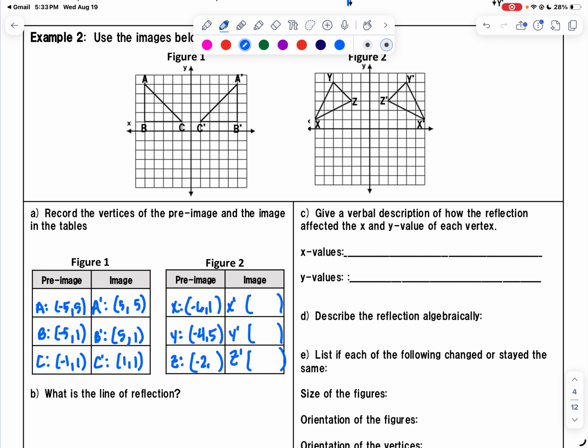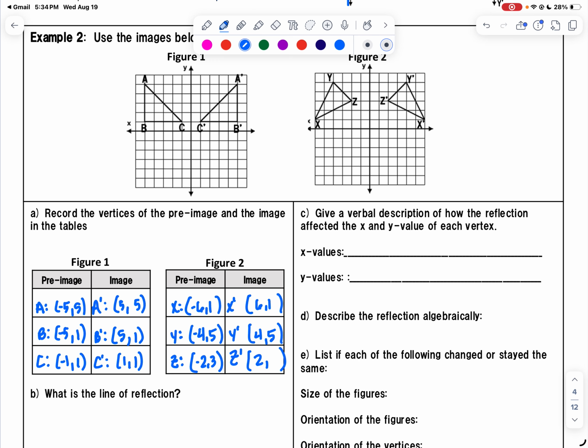So negative 2, 3. All right, now let's look at X prime, Y prime, and Z prime. So X prime, 6 to the right, up 1. So positive 6, 1. Y prime, 4 and 5, so positive 4, positive 5. And Z prime, 2, 3.